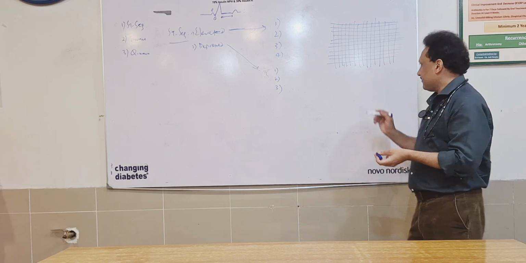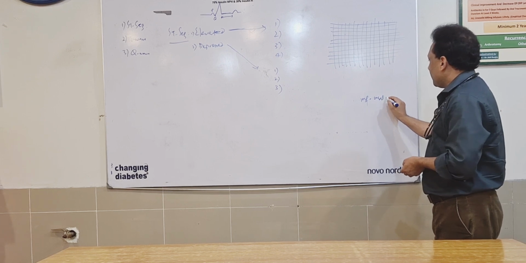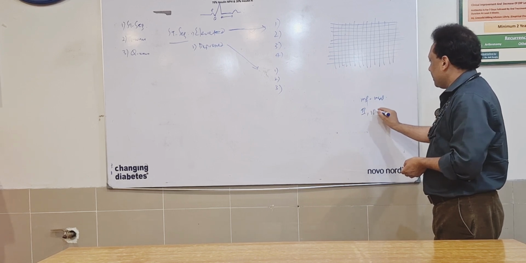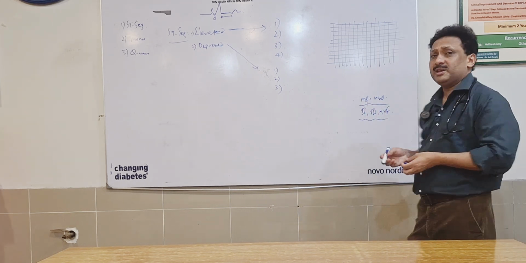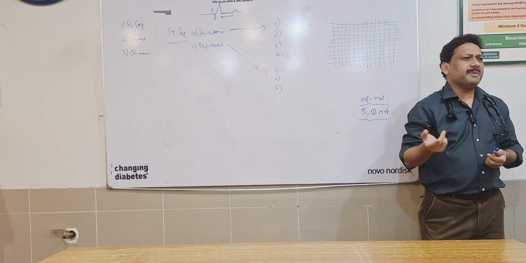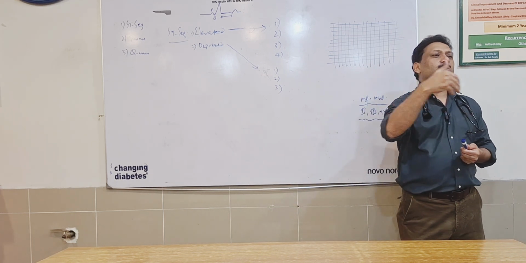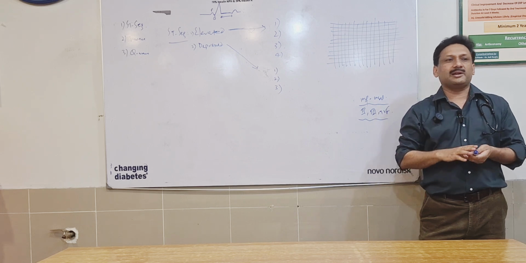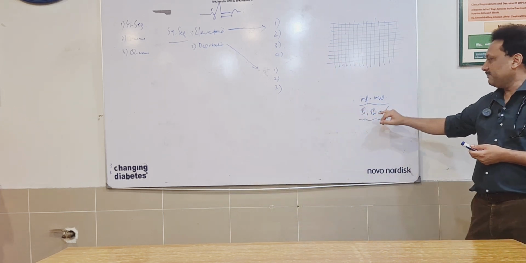I'll give you an example of the inferior wall: we have 2, 3, AVF, which represent the inferior wall. Anteroseptal wall is represented by V1, V2, V3, V4 collectively. Lateral wall is 1, AVL, V5, V6. So I'm just giving you examples.